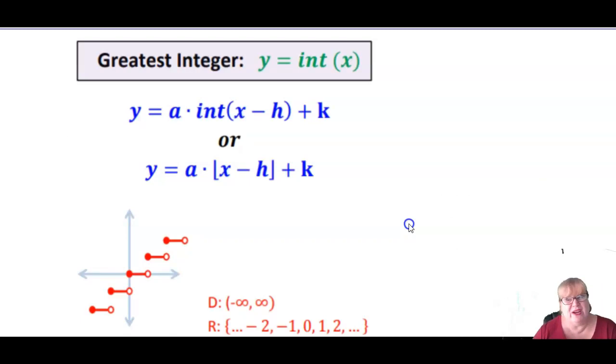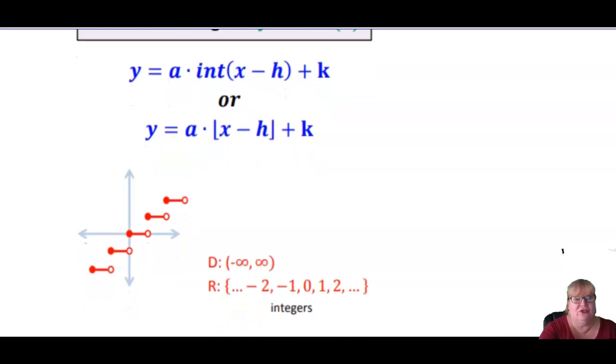Right. This is a weird one, guys. This is the greatest integer function, and I don't usually do a lot of these because they're tricky, but it's probably one of the most real-life functions we'll talk about, because this is those situations where you have to round down to the last integer.